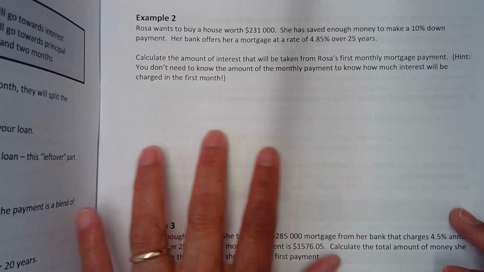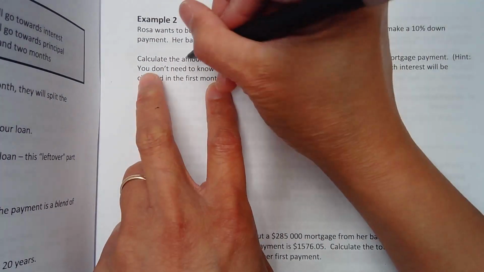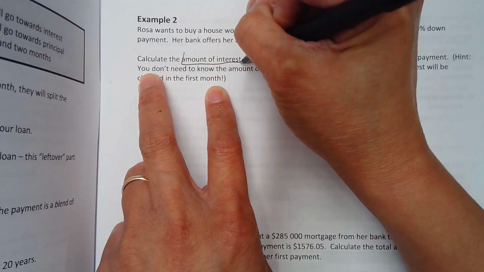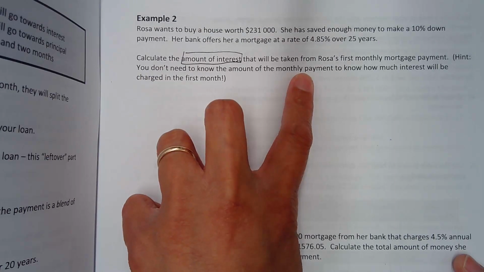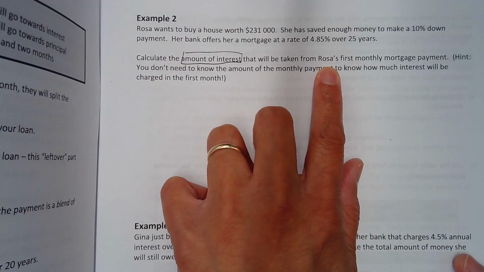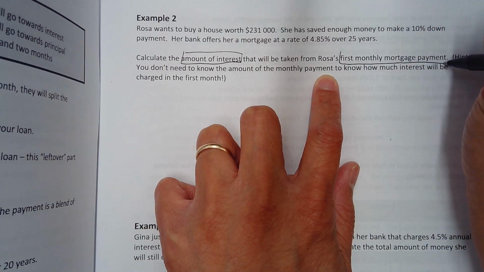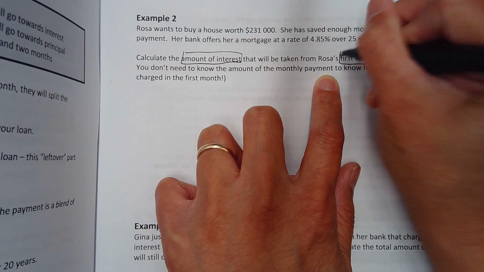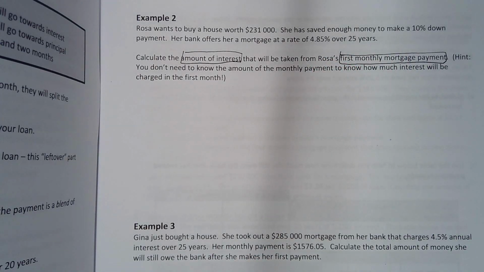It says here, calculate the amount of interest that will be taken on her first monthly mortgage payment. It kind of gave us a hint, right? It says here you don't need any other stuff.